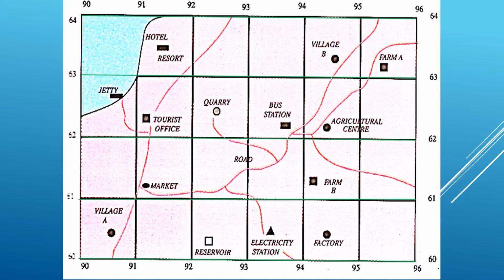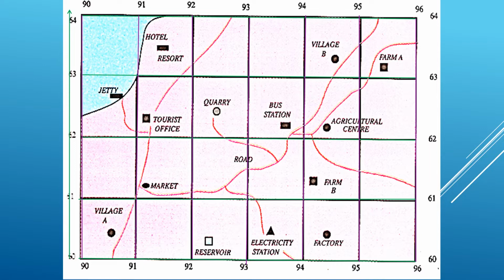Now the northings are the lines that are numbered from 60 all the way to 64. So whenever we count them, we say 60, 61, 62, 63, 64. Whenever we count them, you notice we're counting in a northerly direction, as the arrow implies there to your left.